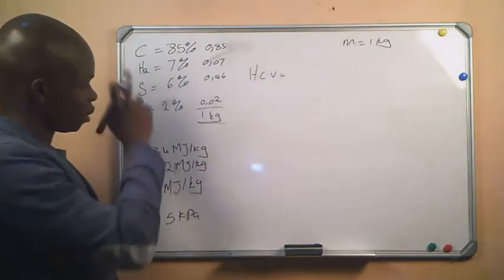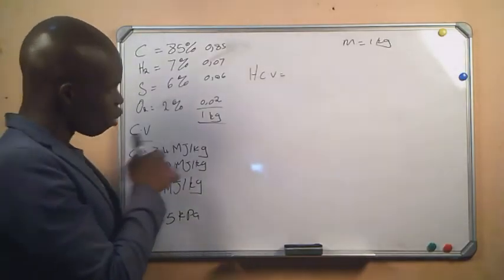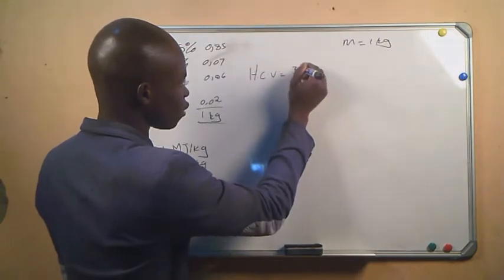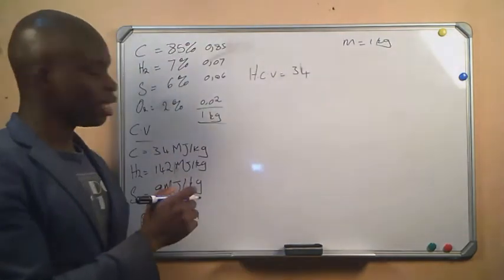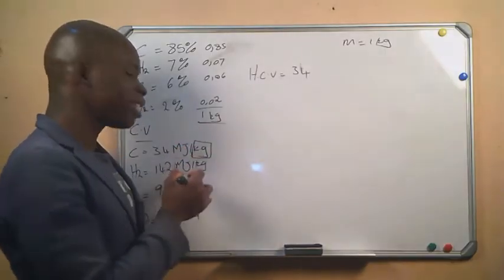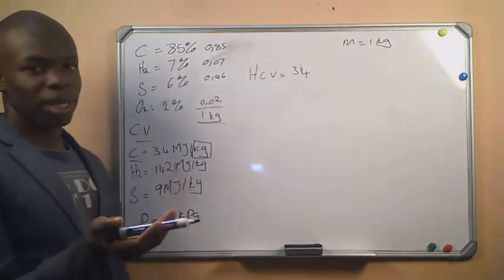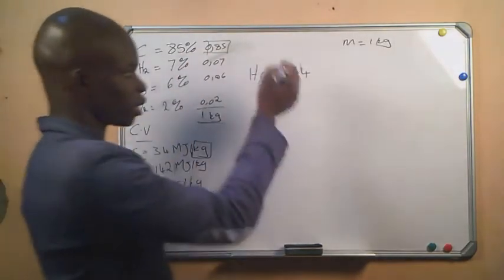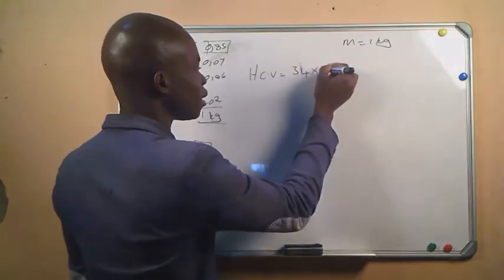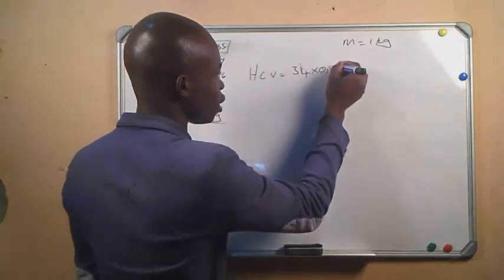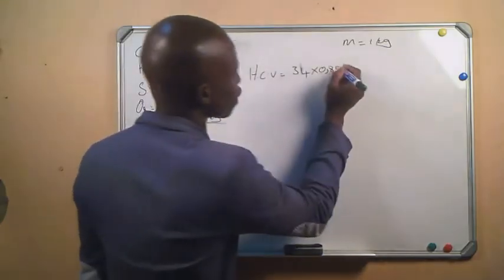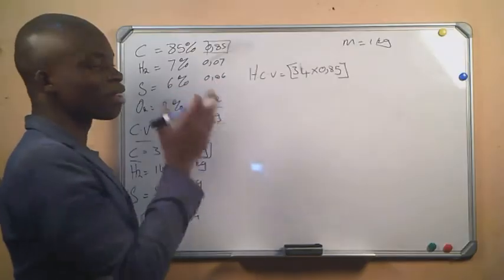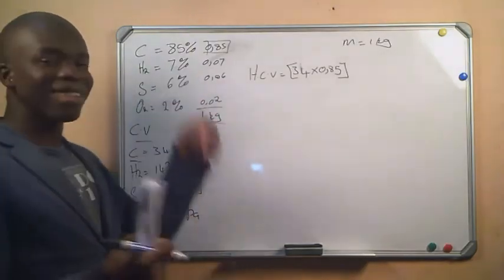will be, let's start with carbon. The calorific value of carbon is 34 megajoules, but this 34 megajoules is for 1 kg of carbon. Since in the system we only have 0.85, we will multiply the 34 by 0.85, and this will give us the total calorific value of the carbon in the system.